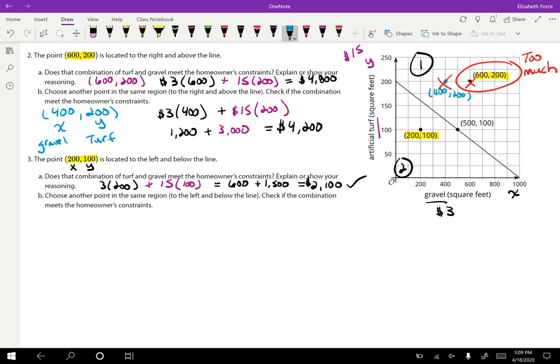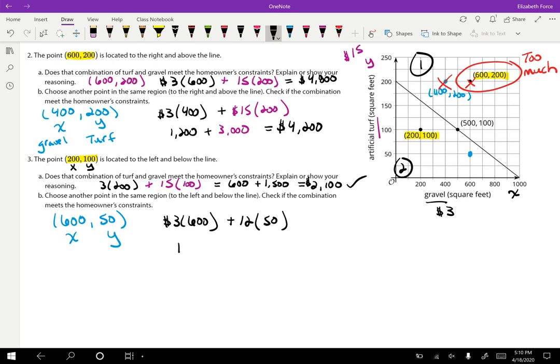Let's pick another point in this region over here and see if this is another possible combination. You're probably already saying to yourself, considering the previous lesson 22.1, that any point in this region might work. Let's pick the point 600, 50. This is my x and this is my y. So it is going to be $3 times 600 square feet plus $12 times 50 square feet.